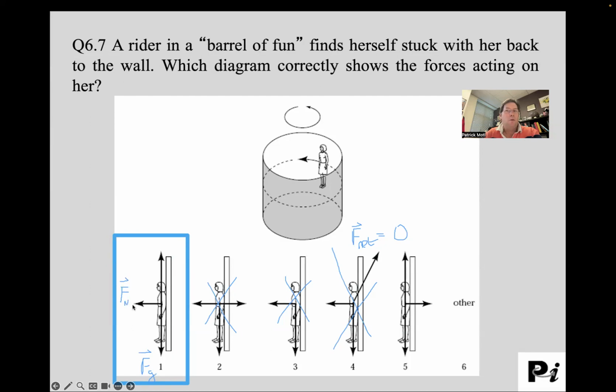And then with a normal force, there is a force of static friction. So there's a force of static friction pointing up. And then the force of static friction is big enough to cancel out the weight. Therefore, she doesn't accelerate up or down, but just accelerates in towards the center of the circle to undergo circular motion on the ride.